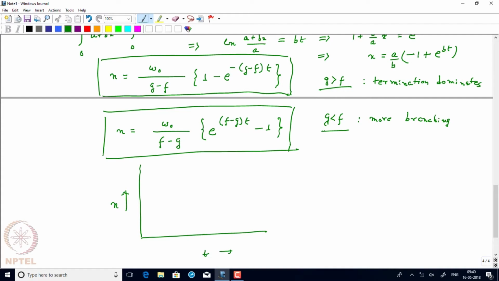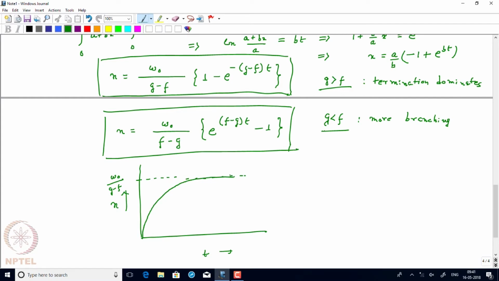Let's say I plot this, and I have normalized it, or we do not need to normalize, the final value will be omega 0 into (g minus f) if I am plotting the first curve, where g is much greater than f. Suppose this is the limiting value, and then what you have is 1 minus e to the power minus a positive number into t, which means it will have a growth.